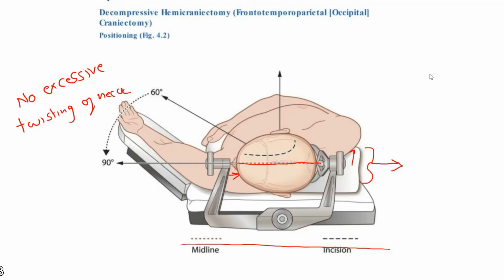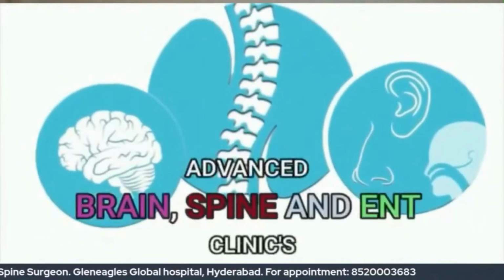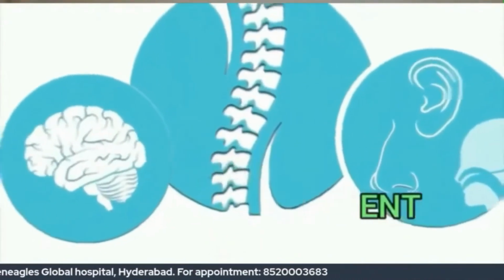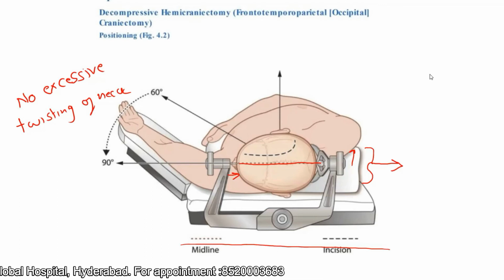And coming to the remaining 2 pins on the occipital side, we will have to place the 2 pins straddling the midline. If you place it on the midline, again the reason is the same thing. You may penetrate the skull, causing injury to the superior sagittal sinus.